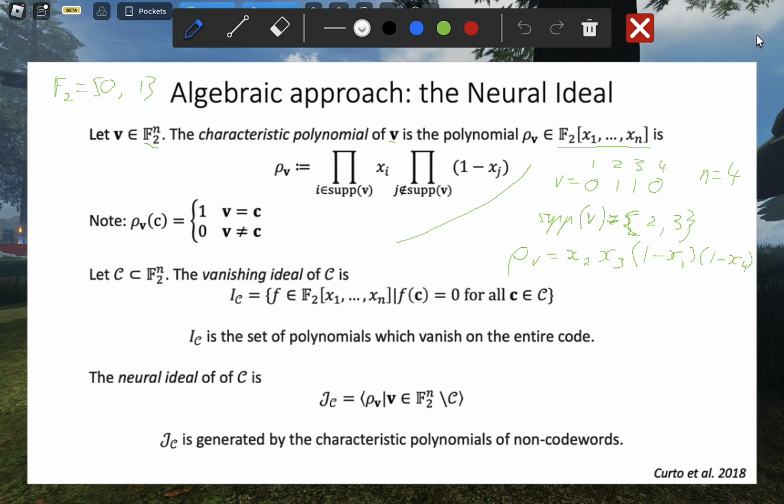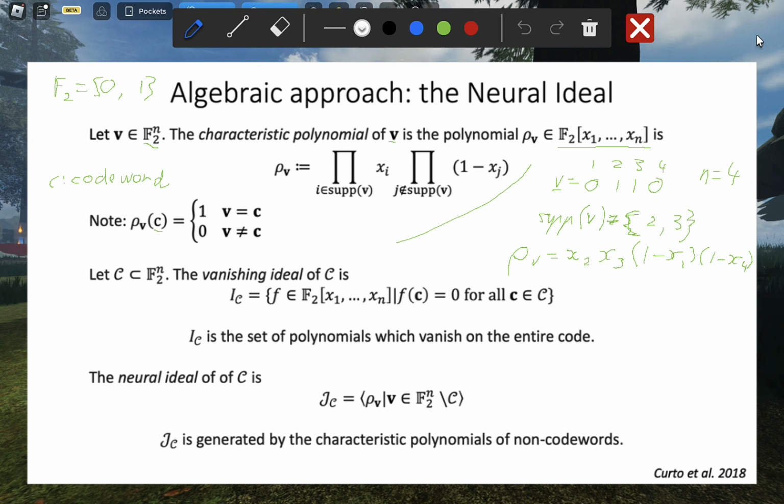It's going to be like this. And C, small c, is a code word. You can just think of that as basically just another name for this vector. That vector is just a code word.